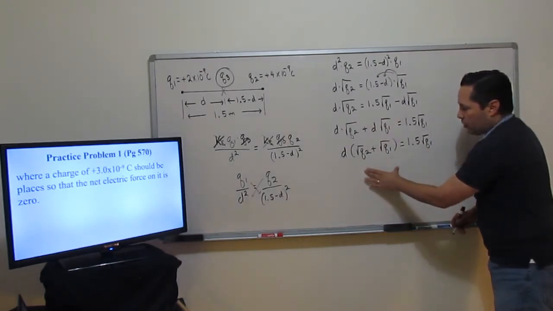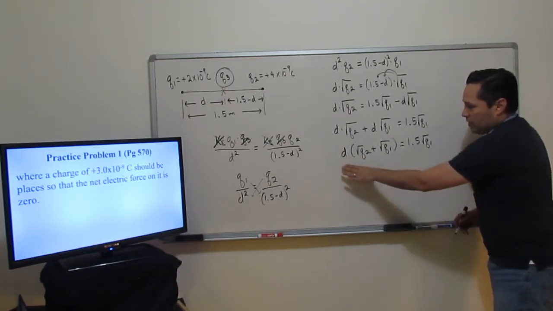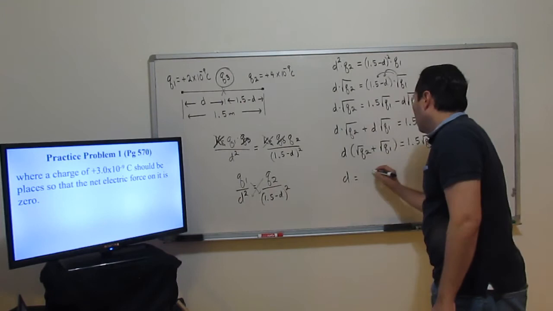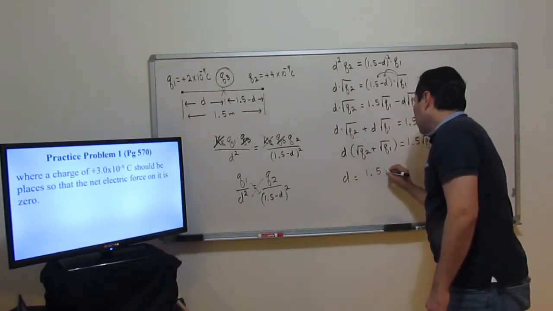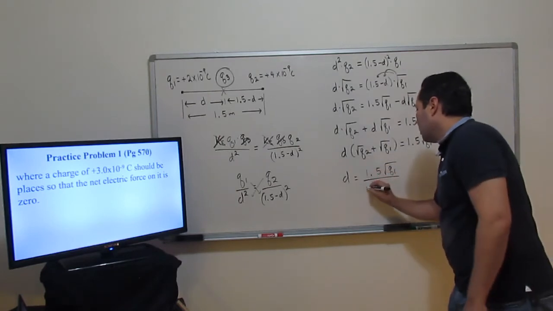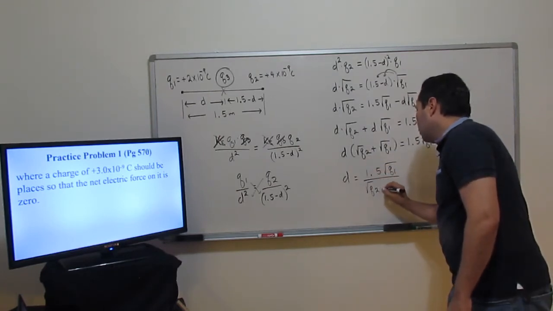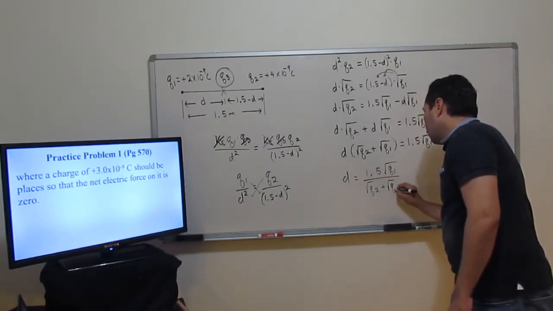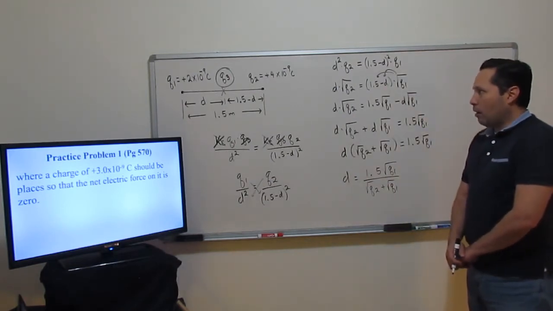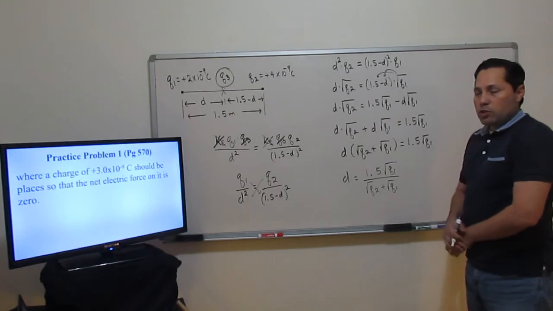We're going to get this whole thing in parentheses and move it down here so we can have the D isolated. So it's going to give us D equal to 1.5 times square root of Q1 over square root of Q2 plus square root of Q1. Alright, so that is going to be our equation that we derived.